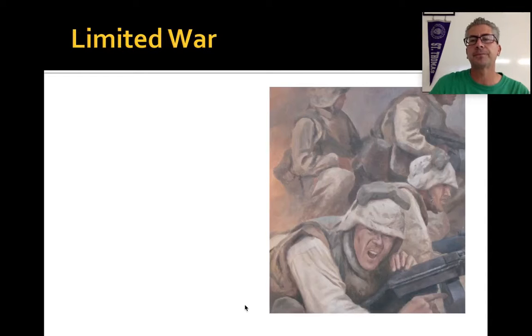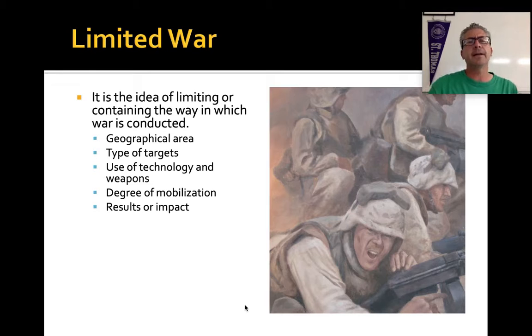Another type of war that we'll look at is limited war, and it is the idea of limiting or constraining the way in which war is conducted, and that could be geography, keep it small and localized, types of targets, mainly military targets, hard word for me to say, but limit the types of targets, use of technology and weapons.